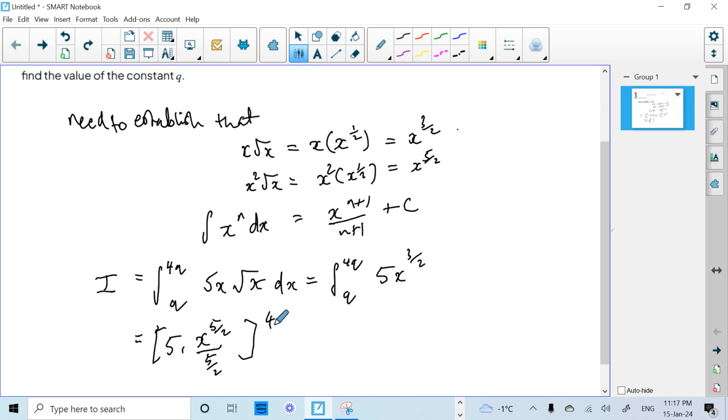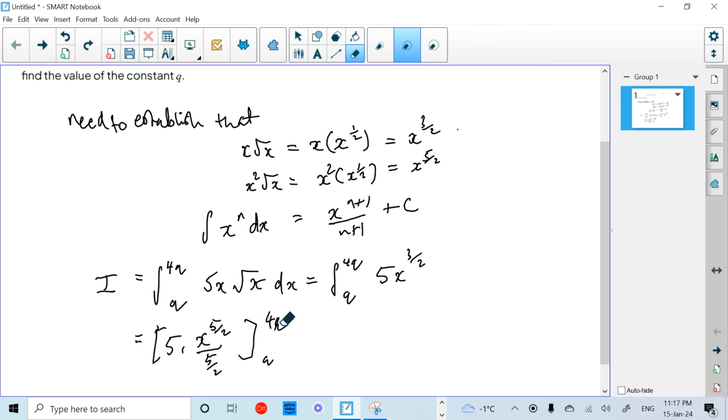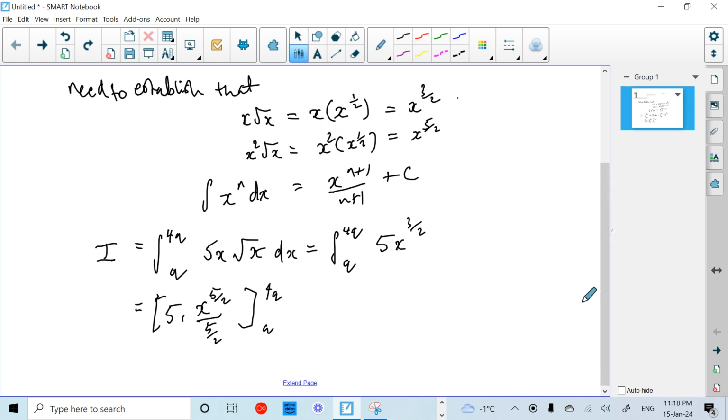That's with our limits for 4q and q. Oops, it doesn't look like a 4q, does it? It's all in real time, so let's change that to make it look like 4q. That's good to go.